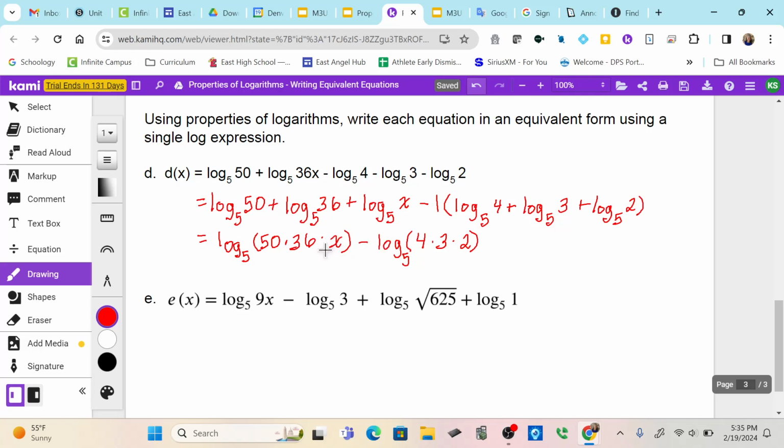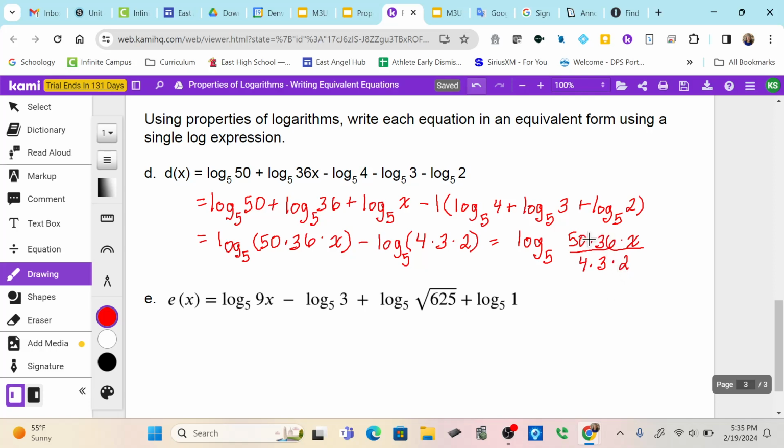So now that I have this written as a subtraction of two logs, I can use that quotient rule and write this as log base 5 of 50 times 36 times x over 4 times 3 times 2.